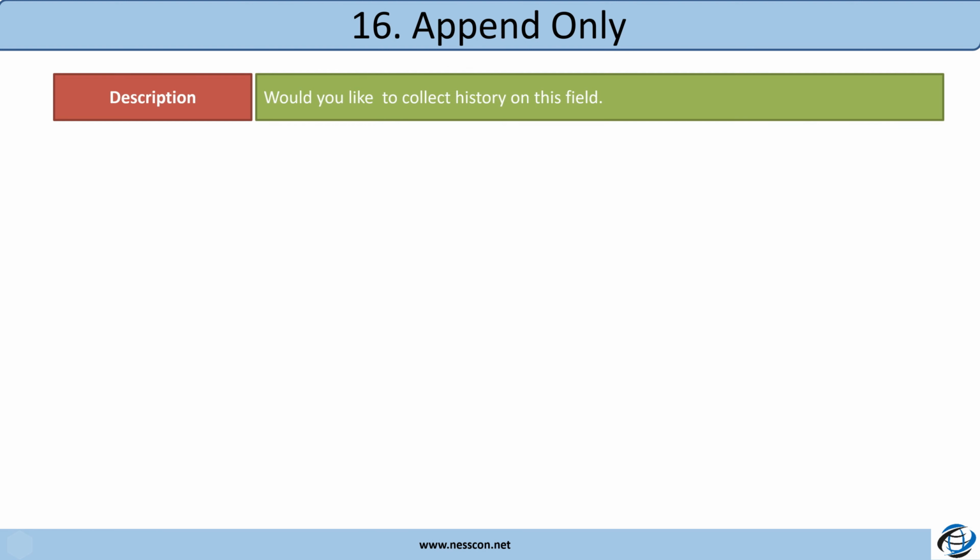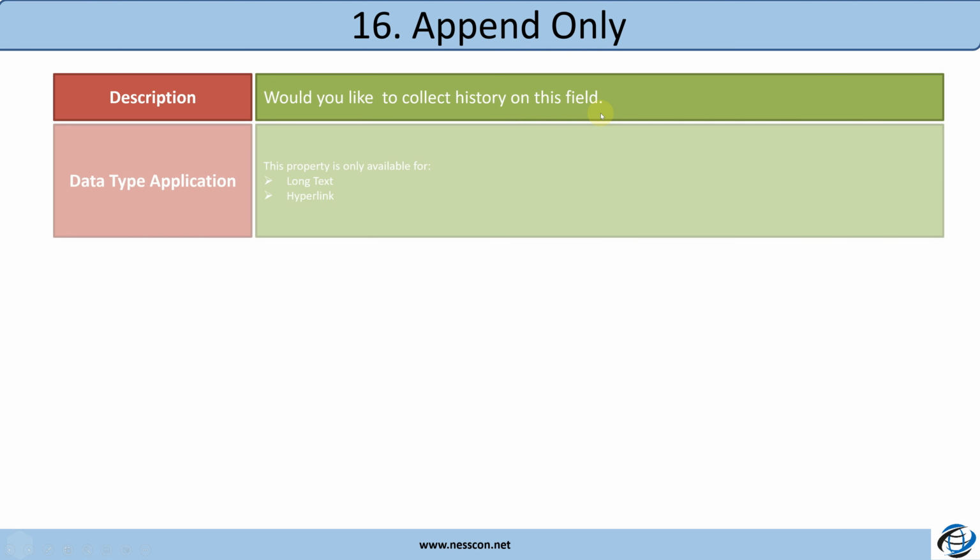The next one is append only. The description says, would you like to collect history on this field? This property is only available for long text and hyperlink. The long text data type is used when we are going to create a huge amount of text in one column.